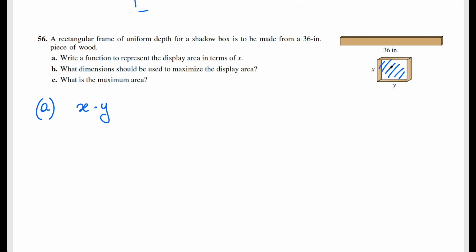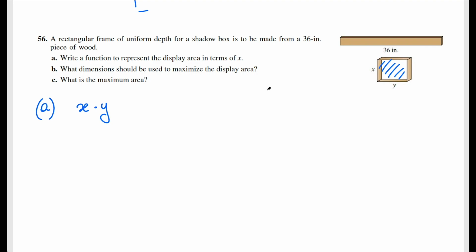Okay, but what do you know about x and y? You know that x plus y plus x plus y, which means the sum of all those sides, should equal 36. Am I correct? Because out of this, they're going to construct that. So definitely the length of the sides should add up to 36.